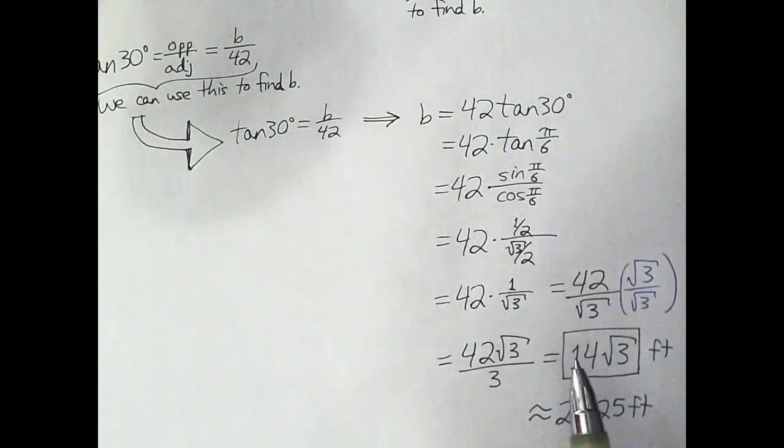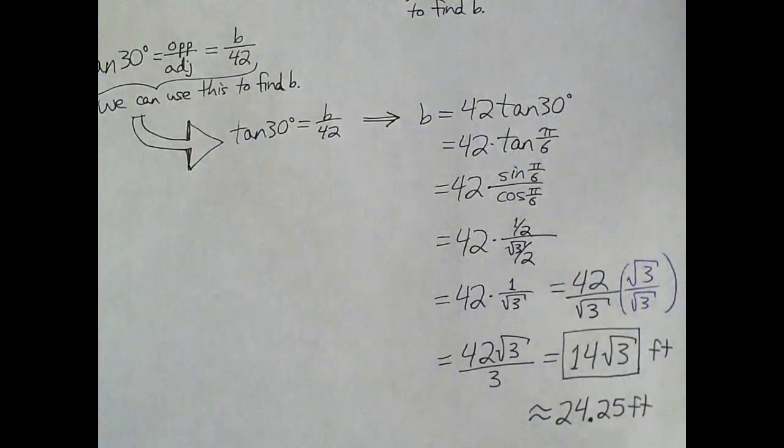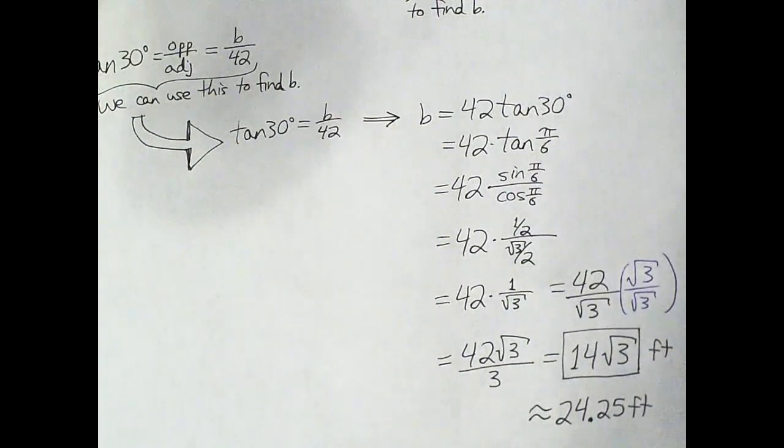What if I got a negative answer? Don't just give a negative answer. I've seen students do this sometimes. There'll be a problem like this and they say, all right, the answer is negative 30. And I look at it and I think, well, the flagpole can't be negative 30 feet tall. So, yeah, this answer does make sense.